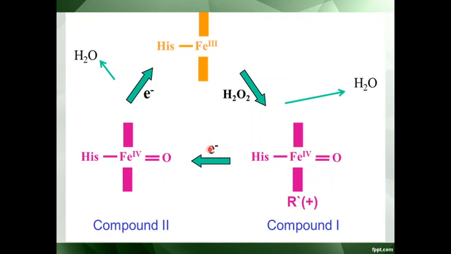Now, when this compound loses the electron, it is converted to compound 2. This compound 2 is then again converted: it loses an electron and is converted back to the ferric compound.